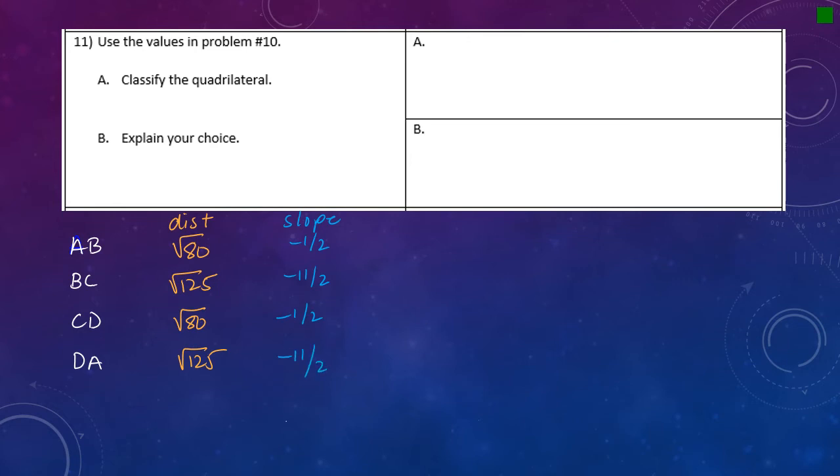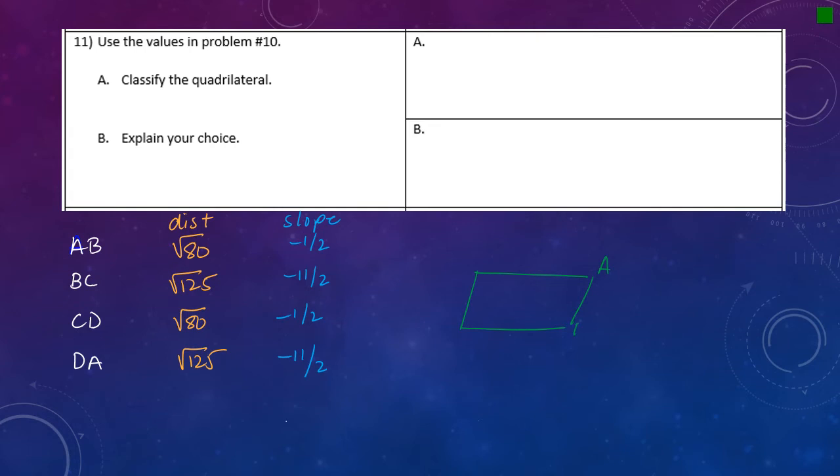All right, so part A asks us to classify. The first thing we need to do is look at the sides. I notice that I have 2 pairs of sides that are equal in length. So it might not be a bad idea to draw a picture, just a generic quadrilateral.